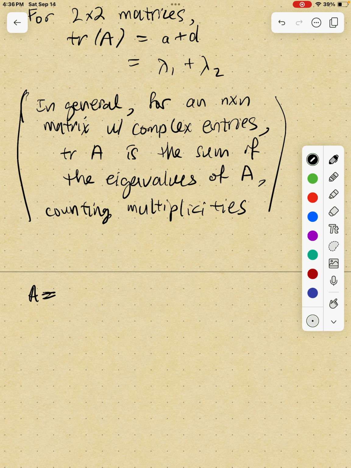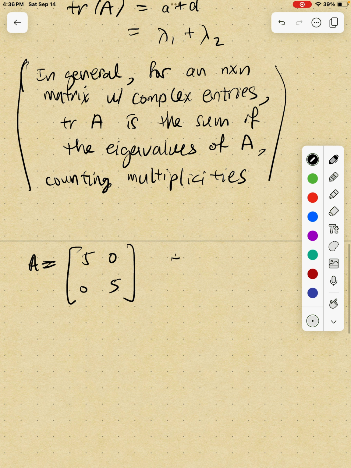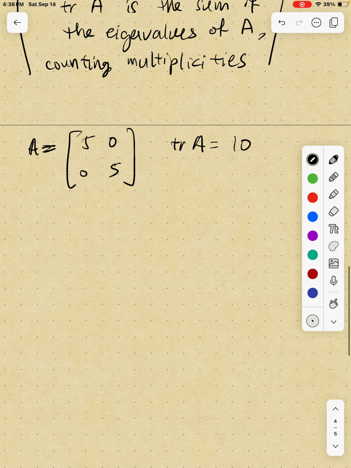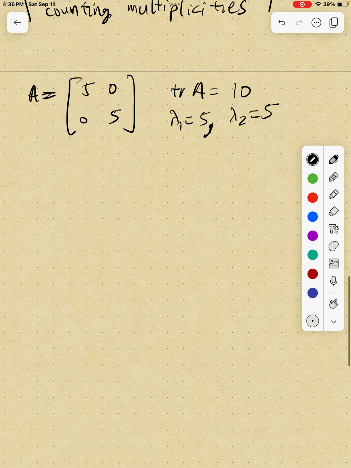Just to take a simple example, let's say it was 5, 0, 0, 5, then the trace of A is 10, and the eigenvalues, well, there's one distinct eigenvalue, which is 5, but if you count them separately, it's 5 with the multiplicity of 2, and then when you add lambda 1 and lambda 2, you get 10. So lambda 1 can be equal to lambda 2.